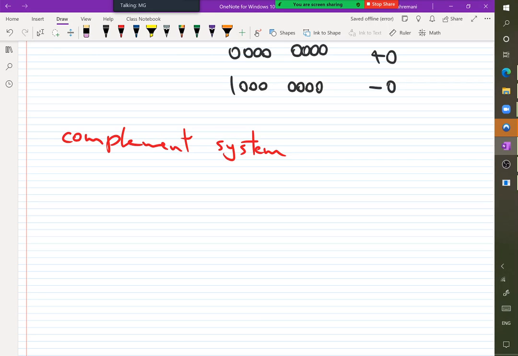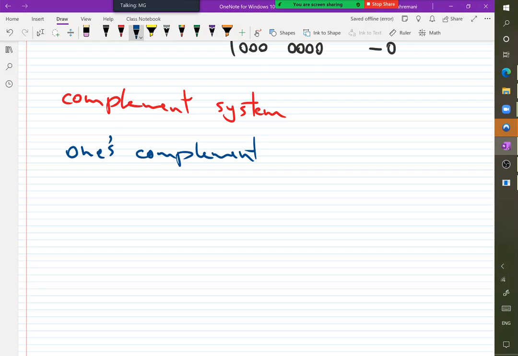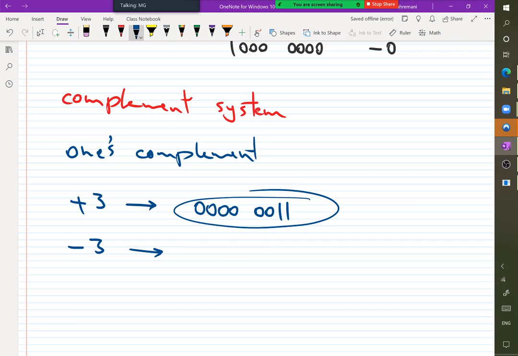In complement systems, I said we have two systems. The first one is one's complement. How does this system work? It's simple. Positive 3 was equal to 0, 0, 0, 0, 0, 0, 1, 1. Do you remember? In one's complement, for negative 3, we complement all the bits one by one.